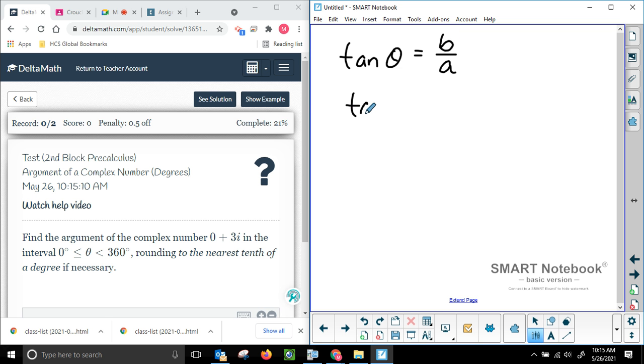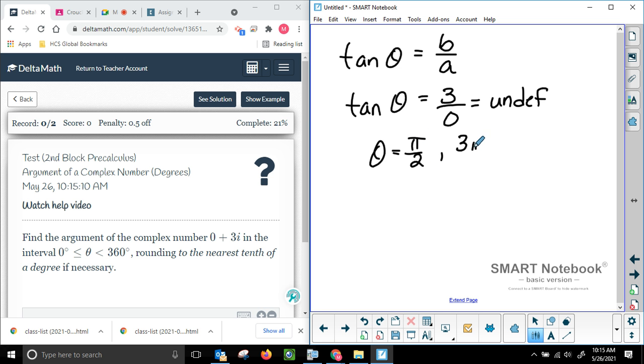So in this case, tangent of theta is equal to 3 over 0, which is undefined. Tangent is undefined when theta is equal to pi over 2 and 3 pi over 2. So we need to figure out which of these we're using.